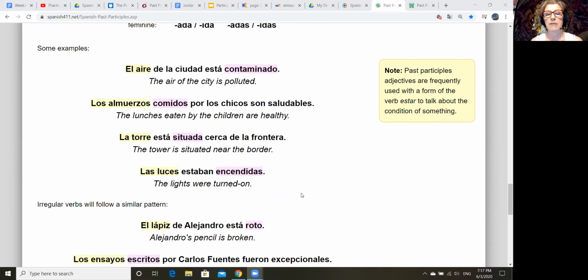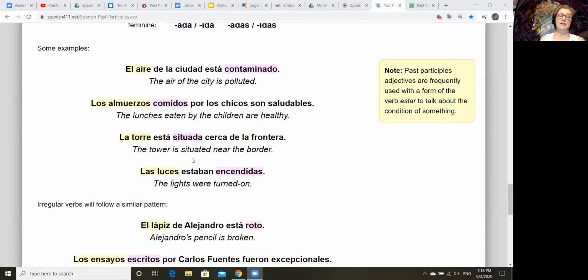Los almuerzos comidos por los chicos son saludables. The lunches eaten by the children are healthy. You're maybe not as likely to use a sentence like that as a beginner, but that first one, something's polluted, if it doesn't look so great, yeah, you might use that one. La torre está situada. It's situated. It's located.